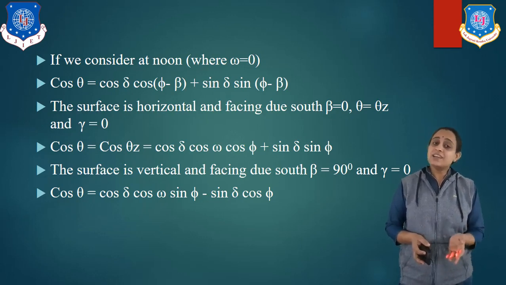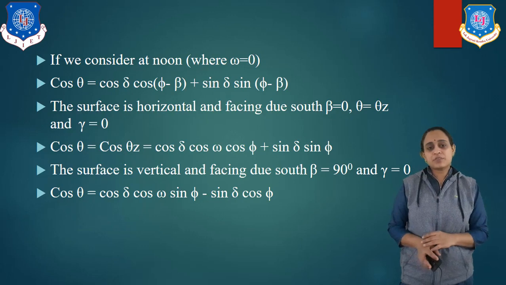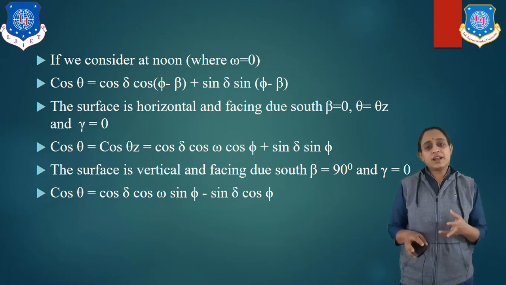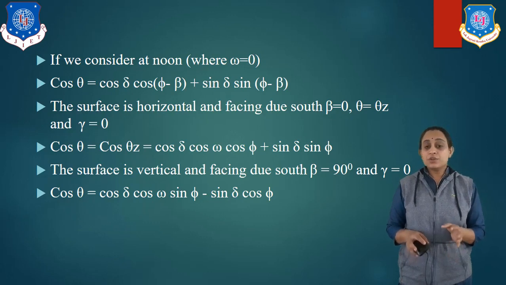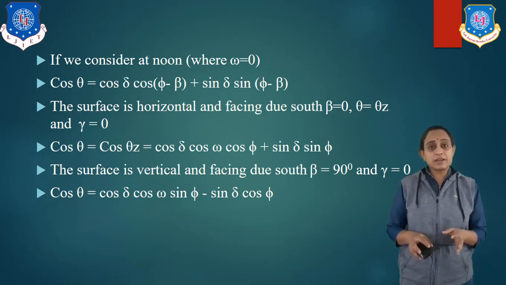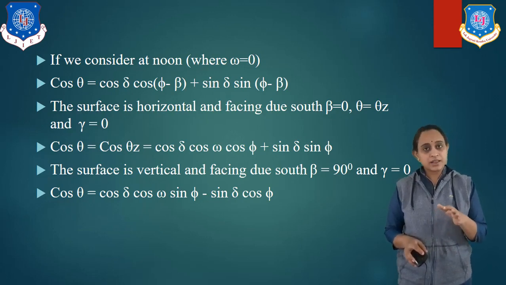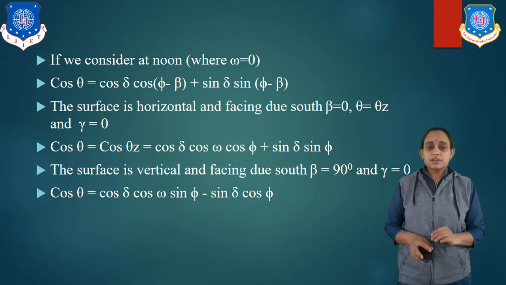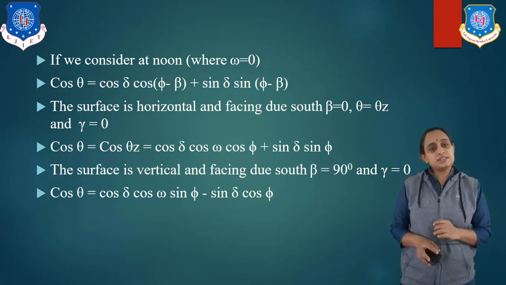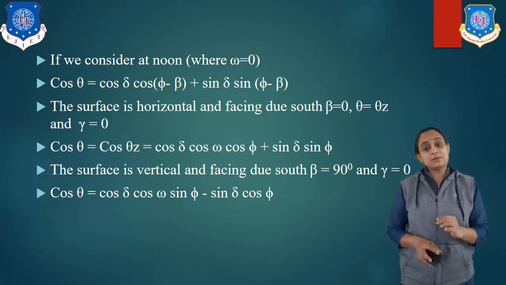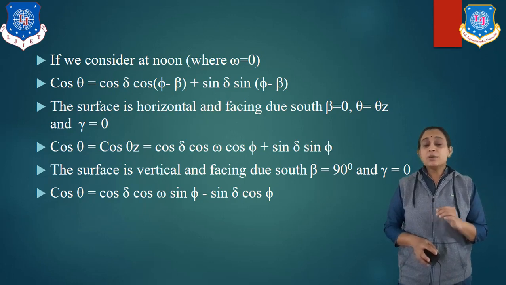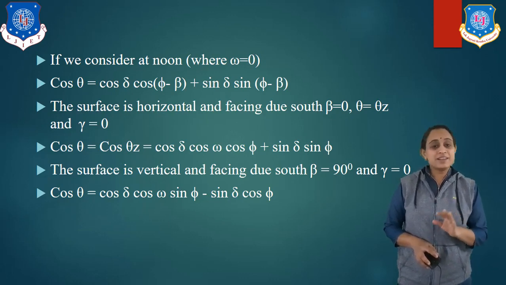Now, let us again take our original equation. Suppose the surface is horizontal and facing south, and beta is the slope angle. Since the surface is horizontal, beta is equal to 0. Now let us assume theta is equal to theta z, because we are considering a horizontal surface facing due south. If it is facing due south, then the azimuth angle gamma is equal to 0.